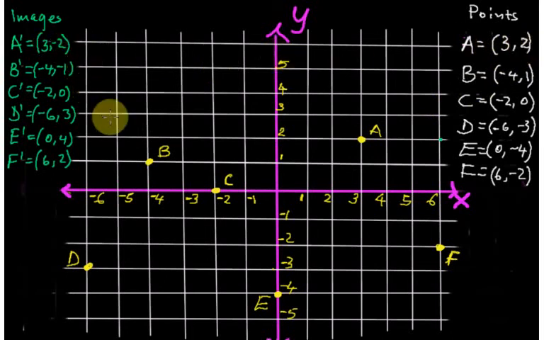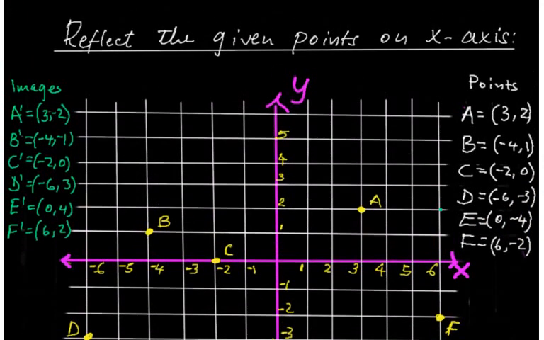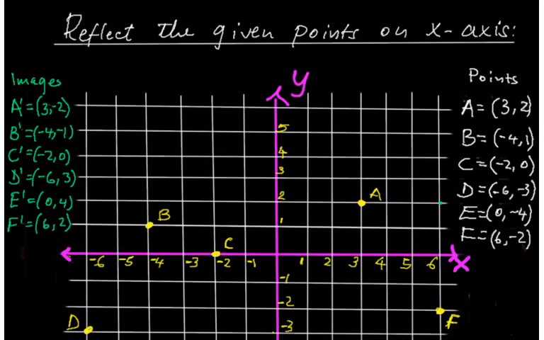So when we reflect a point on the x-axis, the formula is that a reflection in the line x-axis of point (x, y) will give you (x, -y).